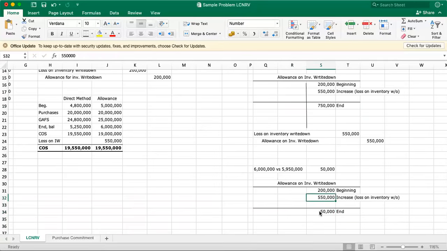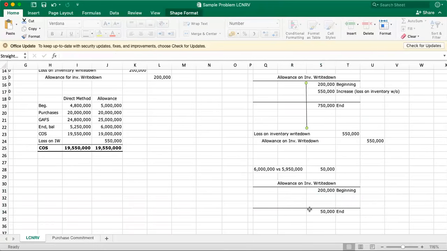But the beginning balance is 200,000. Therefore, to get the ending balance of 50,000, dapat mag-debit ta og 150,000. So, debit, that is a decrease, that is the gain.